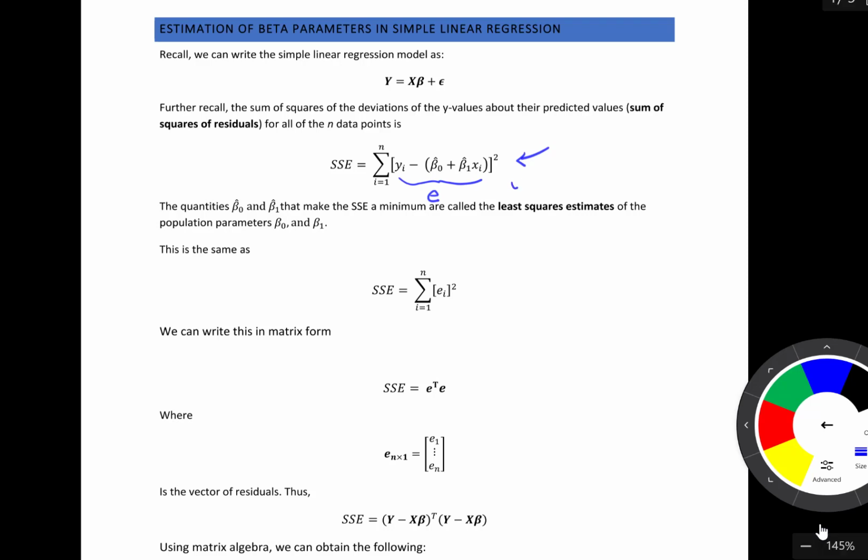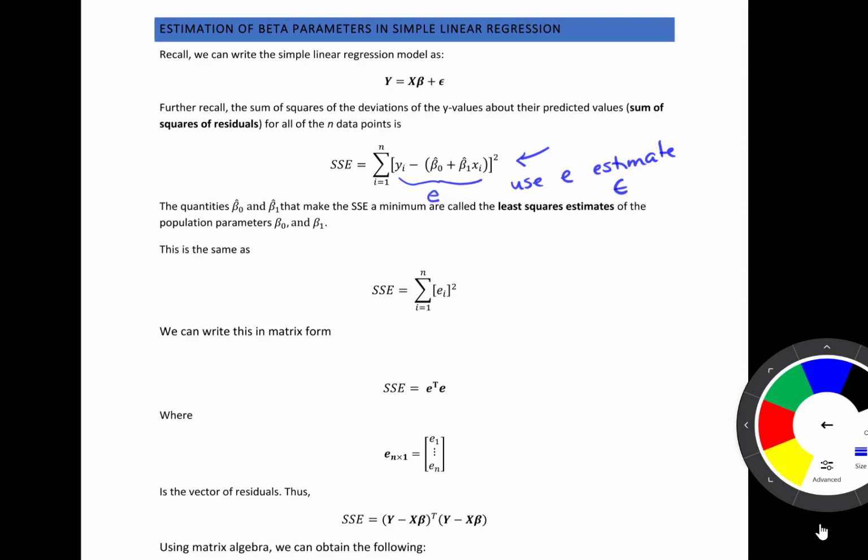And remember that we use the residuals to estimate the errors epsilon, which are those true unknown errors that we can't actually observe. So if we want to find those parameter estimates, we're finding the minimum, or the least squares estimates. And we saw all of this back in week 2.